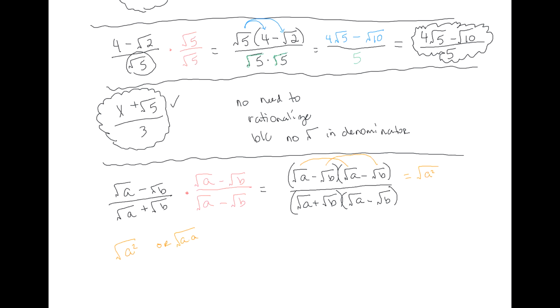Negative square root of B times negative square root of B is plus the square root of B squared. And then I have the middles. So minus square root of B times square root of A is minus square root of AB.